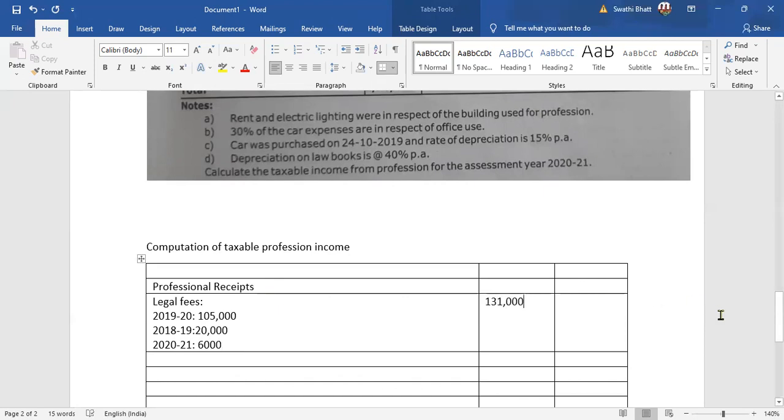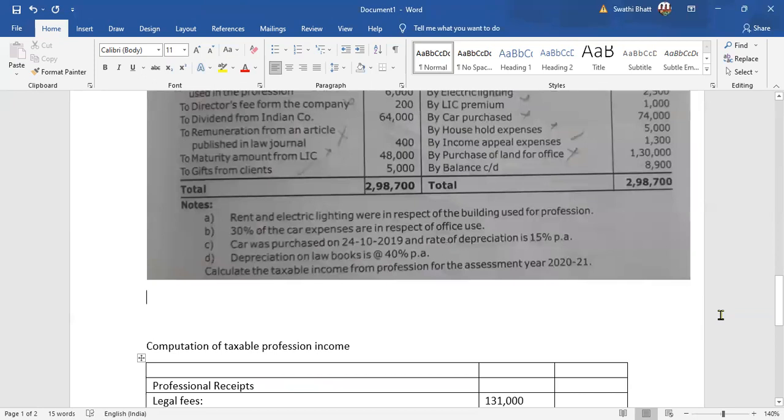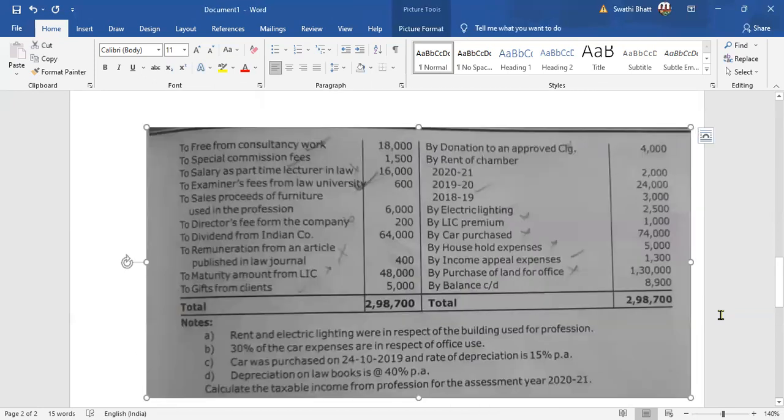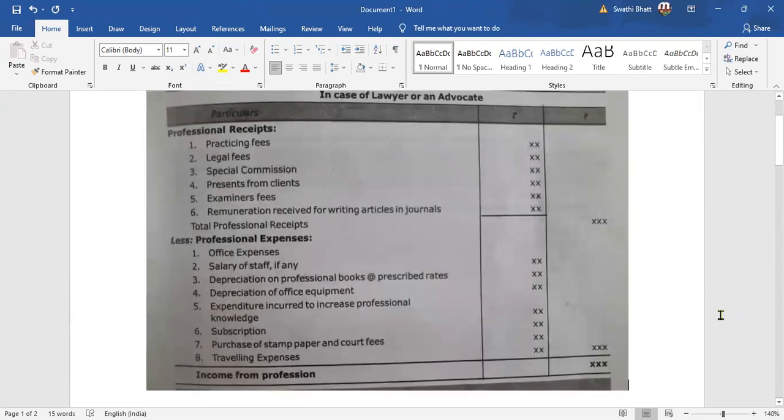The next item that we have in our question on the receipt side, first we'll be covering all of our receipts and then go to payments, is fee from consultancy work. Although consultancy work is not mentioned in the format, whatever fee you receive from consultancy work is also a receipt for a lawyer. Many people come for consultancy service from the lawyer.